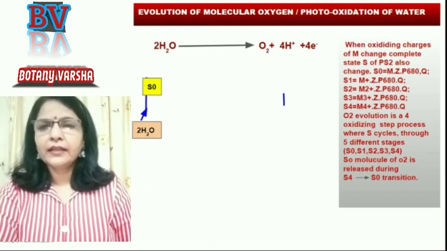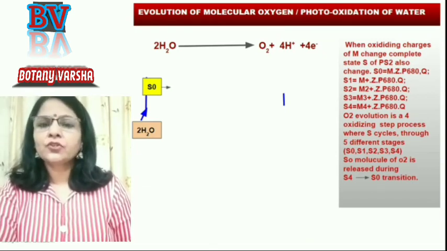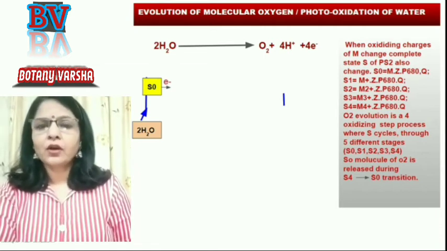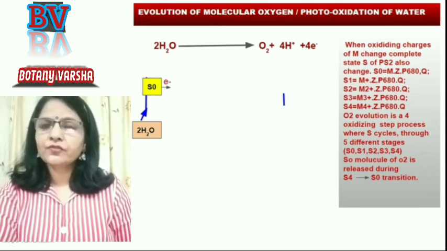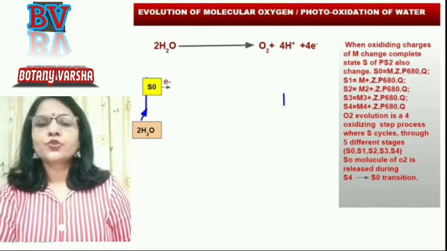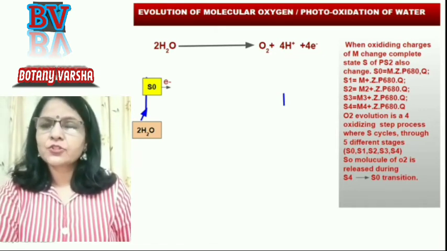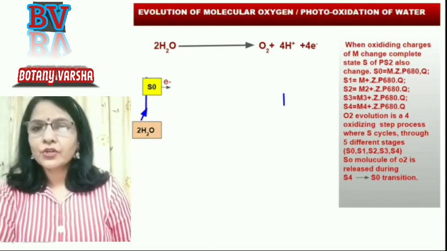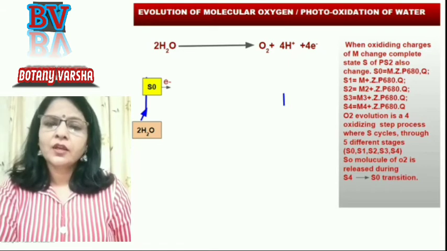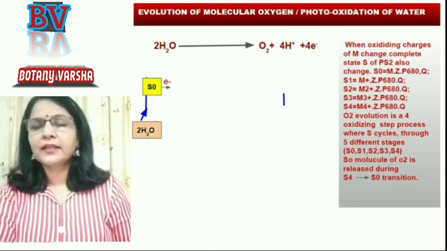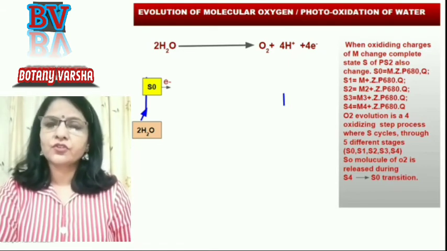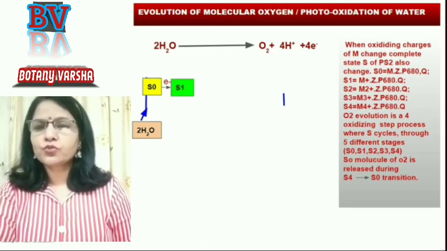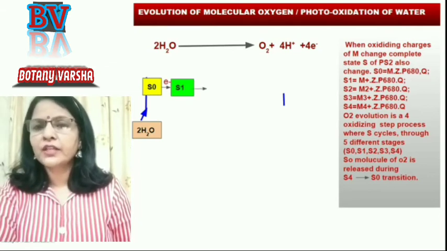One electron is released. This electron is taken by Z. Z is the electron donor of P680. It takes the electron from here and donates it to the pigment system 2. So pigment system 2, which was photooxidized, comes back to its ground state by taking electrons from the photooxidation of water. And in S1 to S2 transition, one more electron is released.